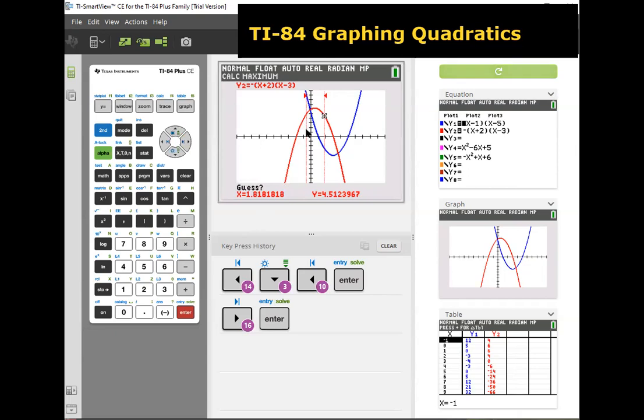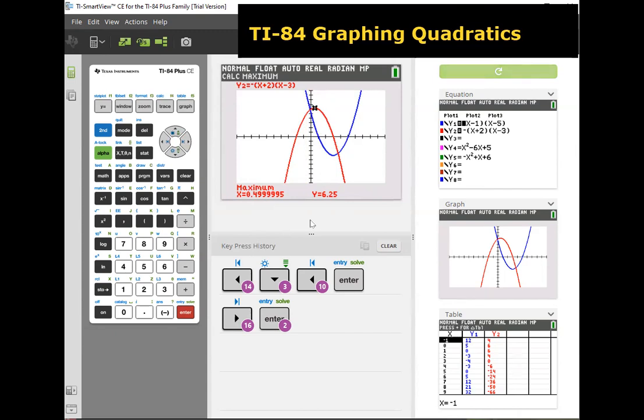Now we have a lower bound column and an upper bound column flagged. Hit enter again. And the maximum is at 0.4999995, so that's a half, comma 6.25. Those are the minimum and maximum as found by the TI calculator.